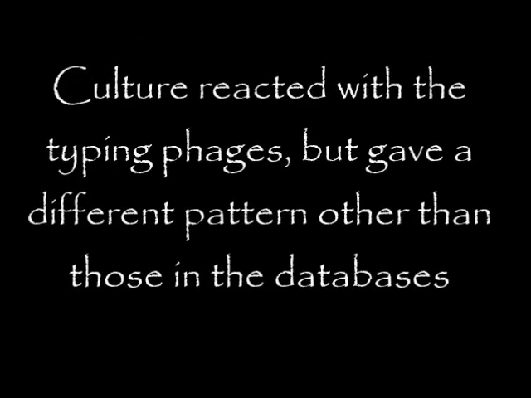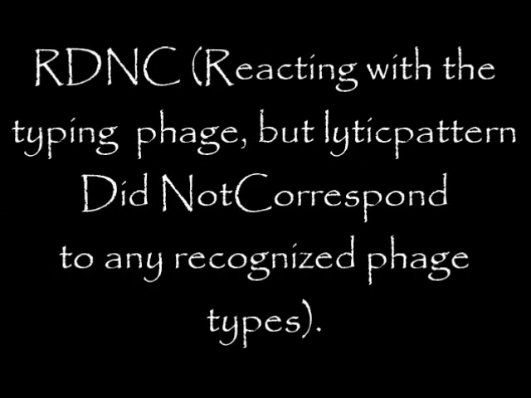If the culture reacted with typing phages but gave a pattern different from those in the databases, it is considered RDNC, or reacting with the typing phages but the lytic pattern did not correspond to any recognized phage types.